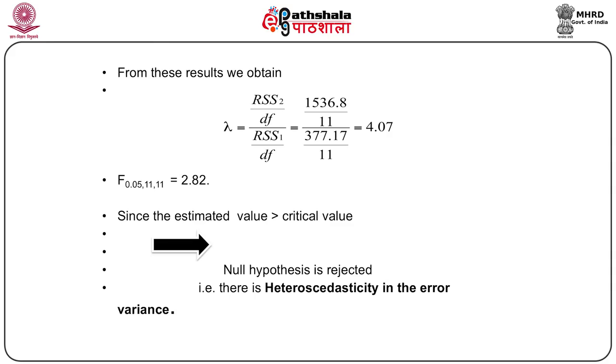The resultant value of the test statistic is 4.07. The critical F value for 11 degrees of freedom of numerator and 11 degrees of freedom of denominator at the 5% level of significance is 2.82. Since the estimated F value exceeds the critical value, we may conclude that the null hypothesis is rejected, that is, there is heteroscedasticity in the error variance.